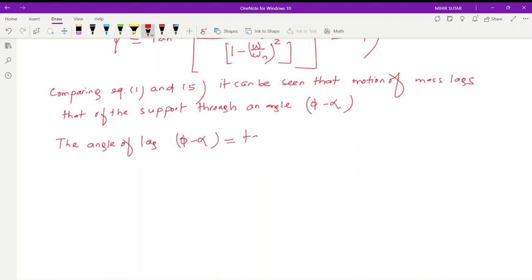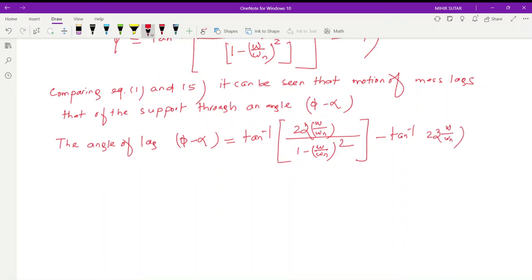will be equal to tan inverse of 2 zeta omega by omega n over 1 minus (omega by omega n) square, minus tan inverse alpha.